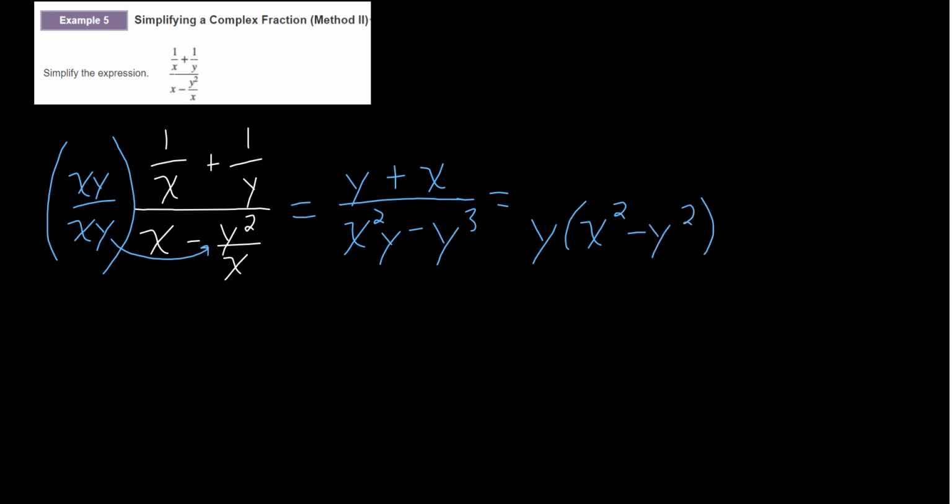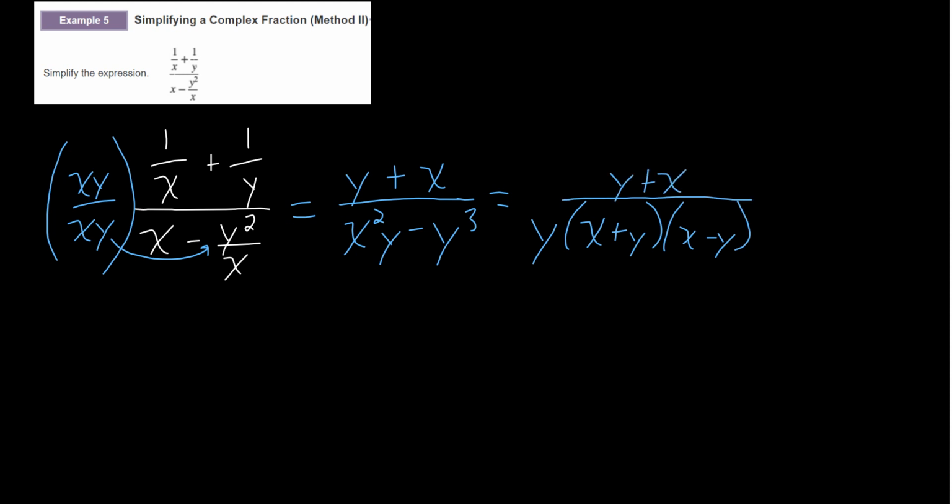Well, we know that's a difference of squares, so let's go ahead and factor that. Okay, so we'll say x plus y, x minus y, and that's all under y plus x.